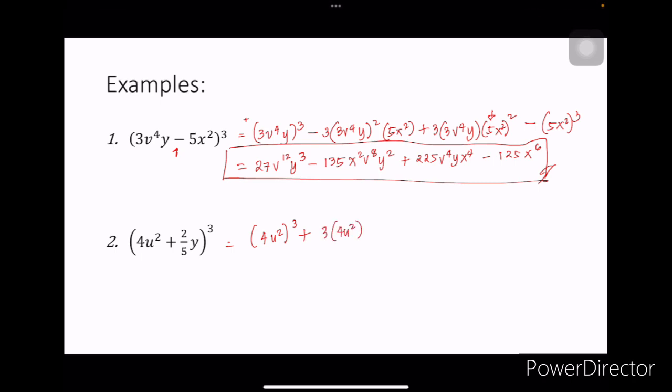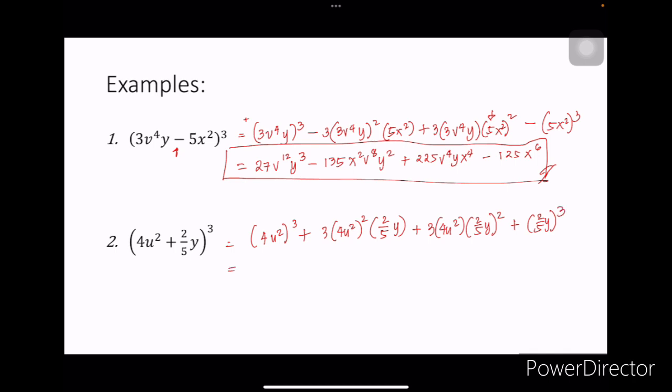So you have 4u squared, quantity squared, times the second term, which is 2/5 y, plus 3 times the first term. So you have 4u squared times the square of the second term. So you have 2/5 y, quantity squared, plus the cube of the last term. So you have 2/5 y, quantity raised to 3.